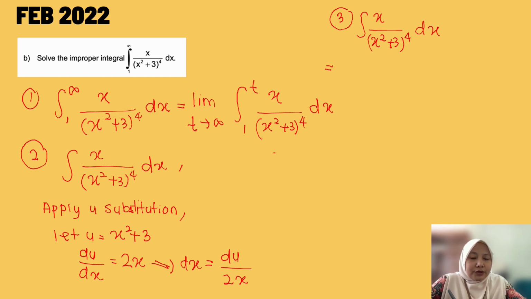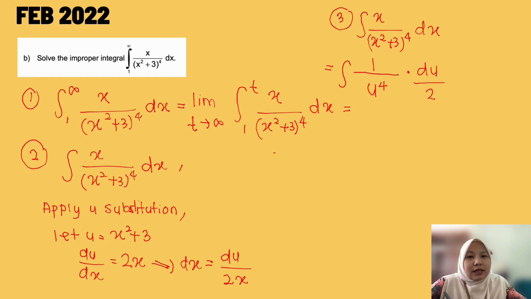For the denominator, we already let u equal x squared plus 3, so this becomes u to the power of 4. As we can see, dx equals du over 2x, so this x will cancel the x on the numerator. So we have du here, and then we have 2, because we only cancel x, but we still have 2. So the numerator becomes 1.